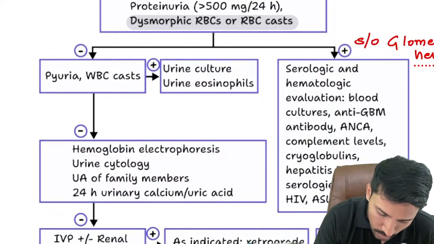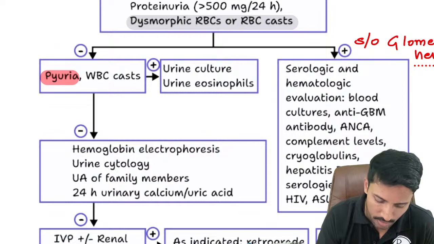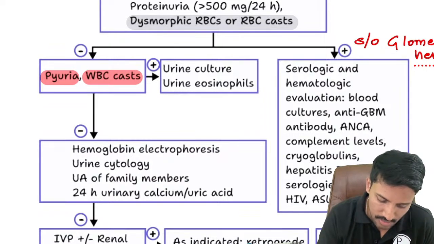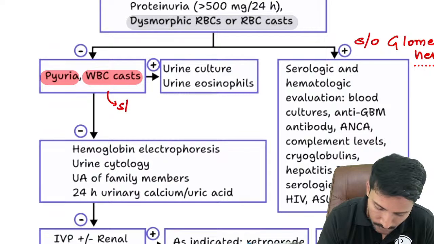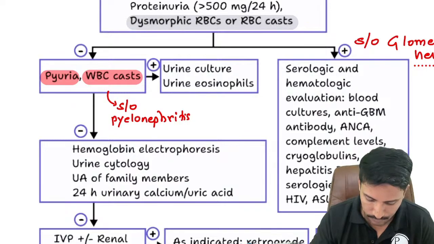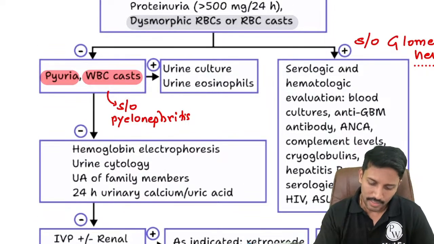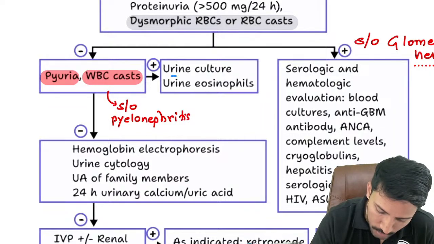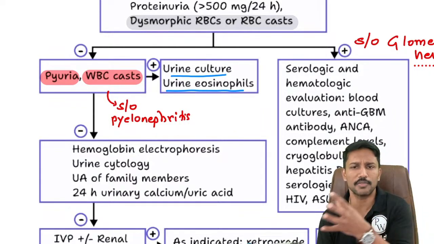In the urine routine, I will look at whether there is pyuria or WBC casts. What are WBC casts and pus in urine suggestive of? They are suggestive of pyelonephritis, right? Infection of the kidneys. If they are present, then I will go ahead with urine culture and urine for eosinophils. And that takes me to the diagnosis.